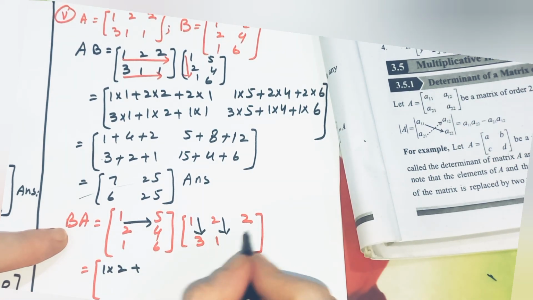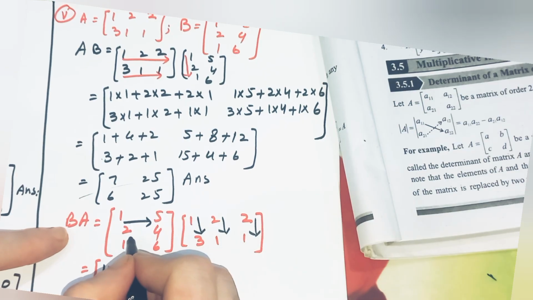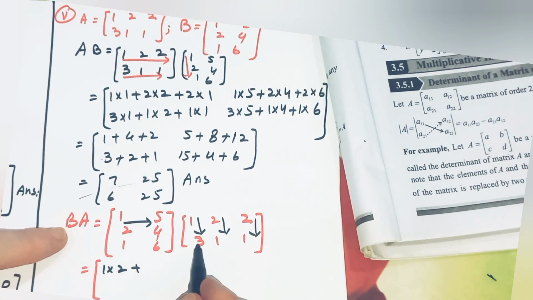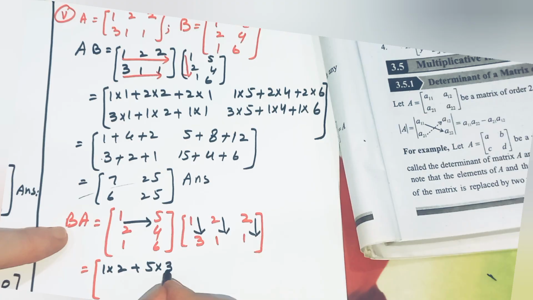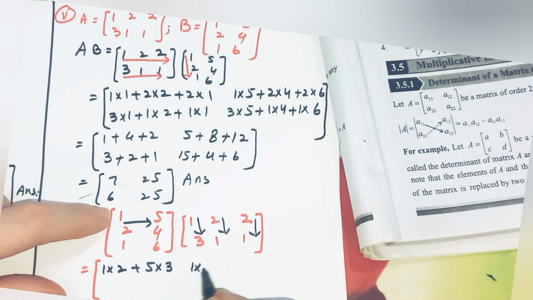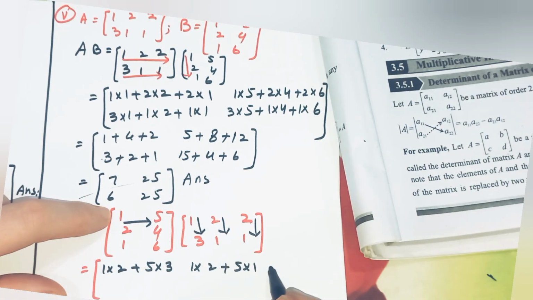First column, second column, third column. All right, 5 multiply by 3 first column, 1 multiply by 2 with the second column and 5 multiply by 1. And now the third column, 1 multiply by 2 and 5 multiply by 1.